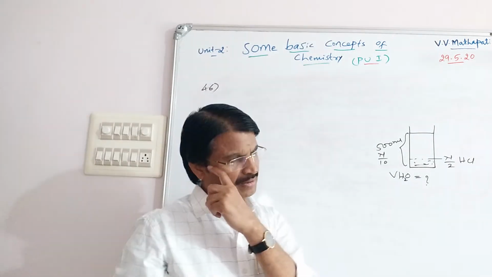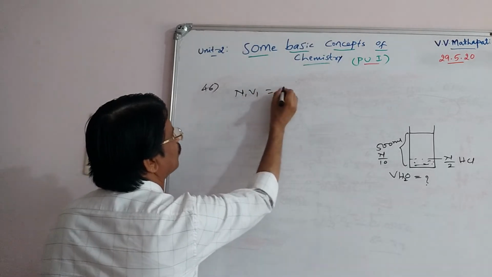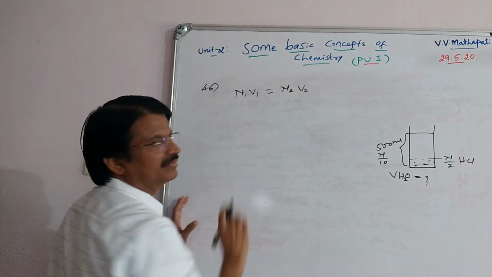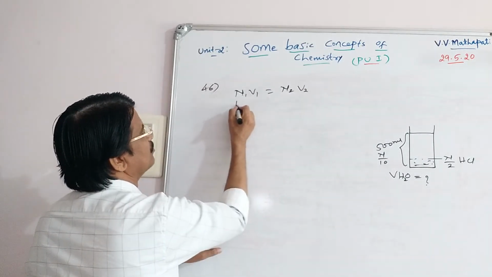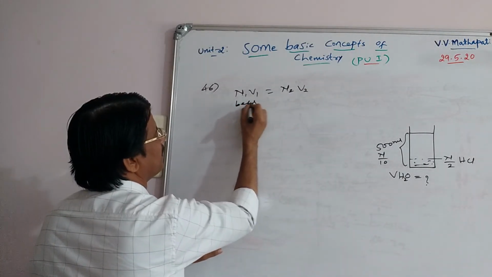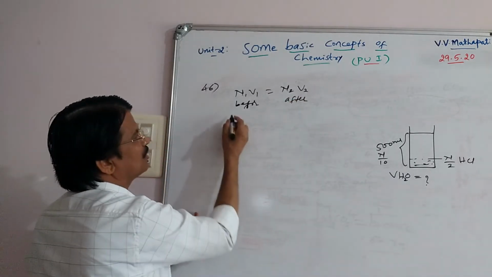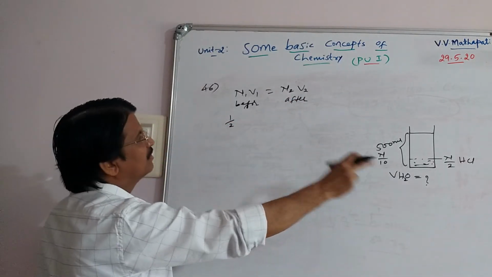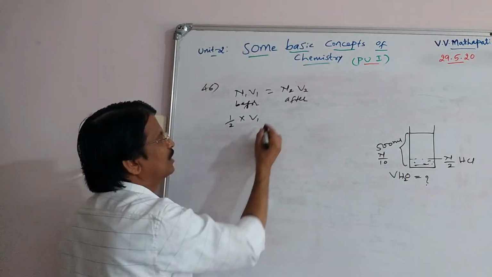And there is one dilution formula. N1 V1 equal to N2 V2, or M1 V1 equal to M2 V2. That is called the dilution formula. This is before the dilution, second, after the dilution. Before dilution, 1 by 2 normality, and volume we don't know, that we calculate.